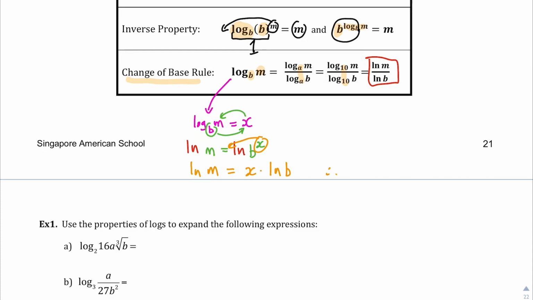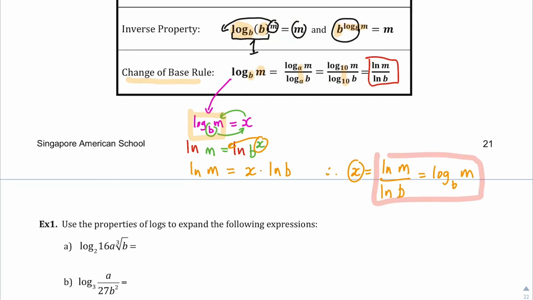If I divide both sides by ln b, I get x equal to ln m over ln b, which you can see goes back to the original log base b of m equals x. That means that ln m over ln b must equal log base b of m, and now we've managed quite quickly and easily to prove that log base b of m can be rewritten as a base e logarithm with the values m and b respectively.